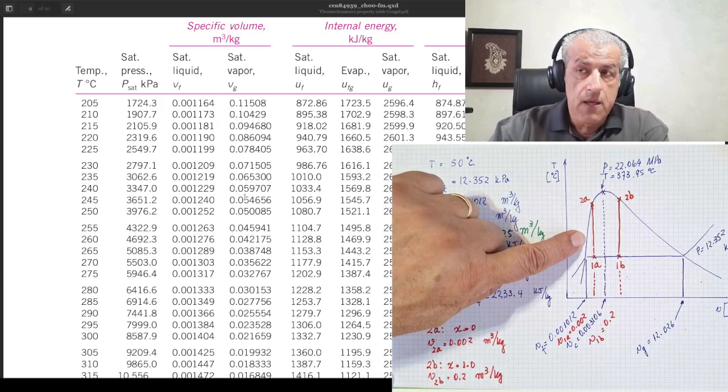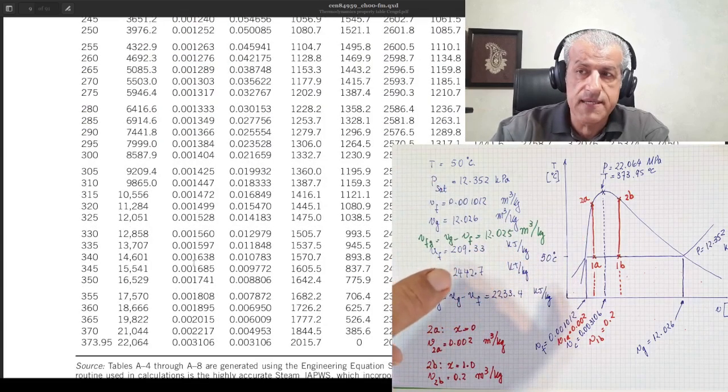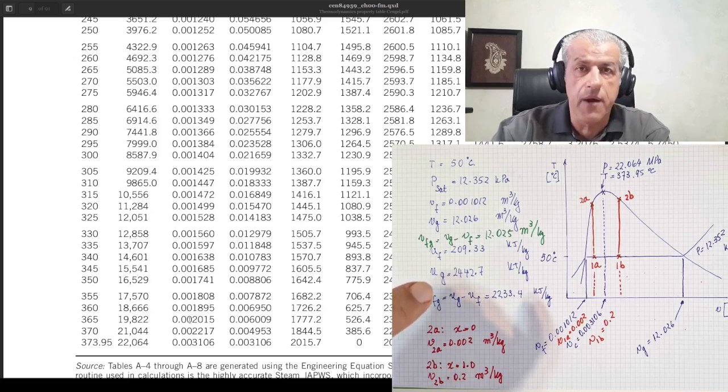So here for point 2A, we have to look at the specific volumes here, and if we keep going down, we would see that there is one point where the specific volume is 0.002015, which is a good approximation.